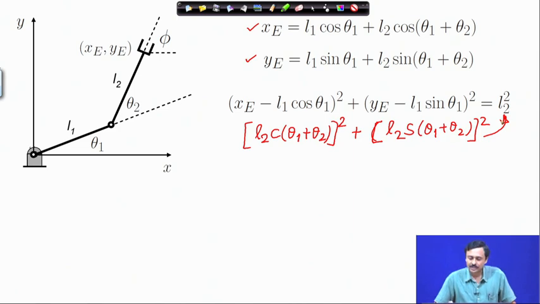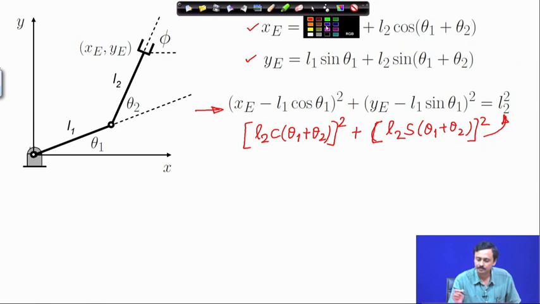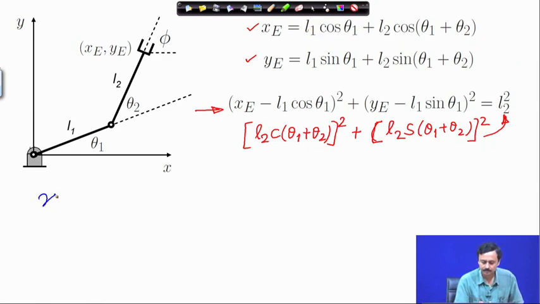So, what is our problem? The problem is, given x e and y e, we have to find out theta 1 and theta 2. Now, I have this expression, so let me open it up.